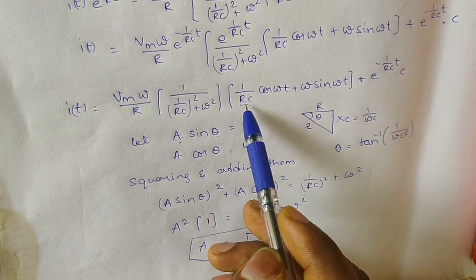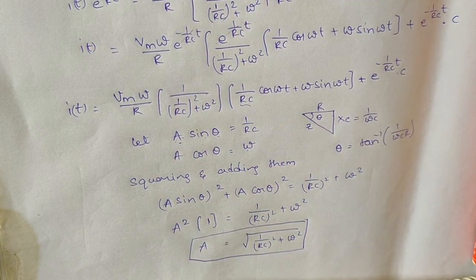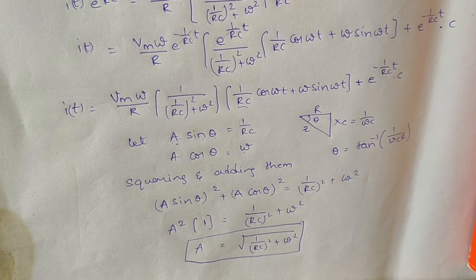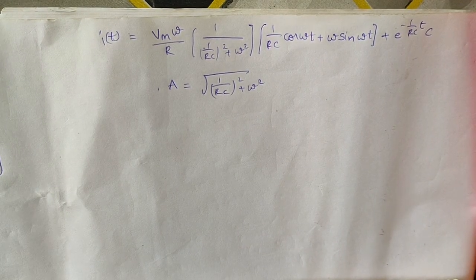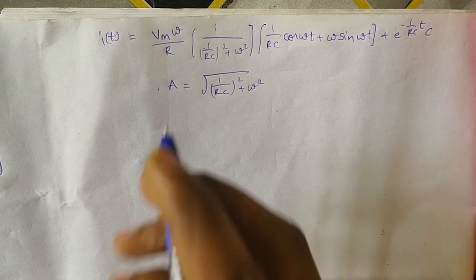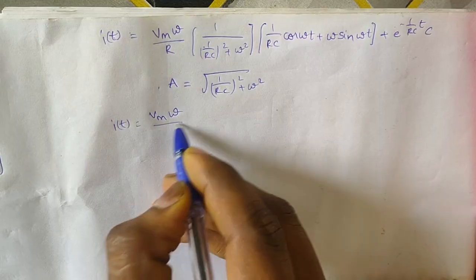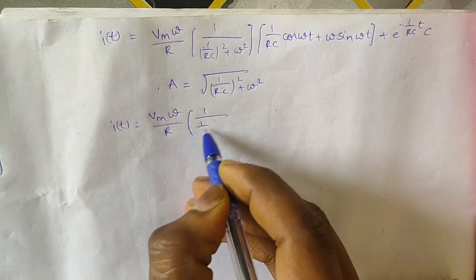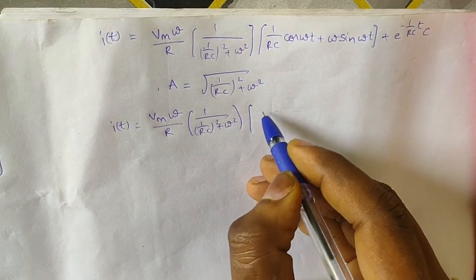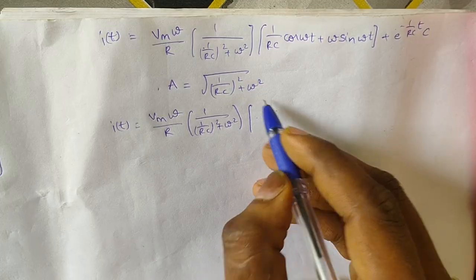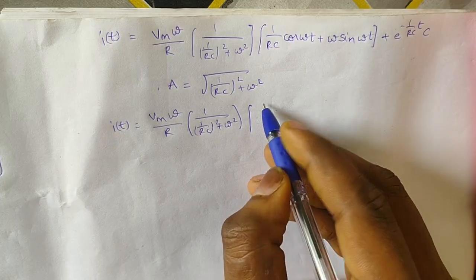So with this A value we will be replacing 1 by RC with A times sin theta, and in this we are replacing A cos theta and A sin theta. Then I of t will be Vm omega by R times (1 by RC) whole square plus omega square into A times sin theta, replacing 1 by RC with A sin theta.